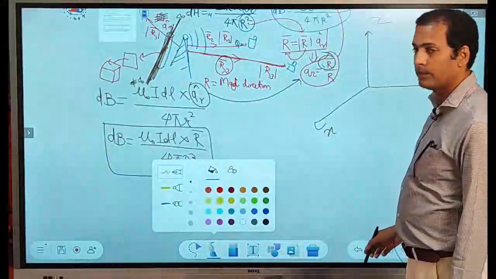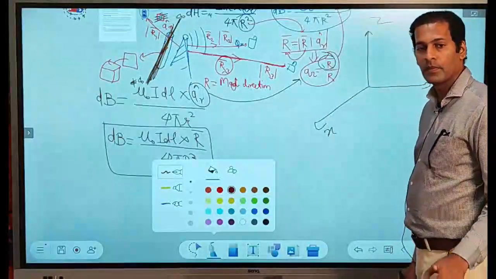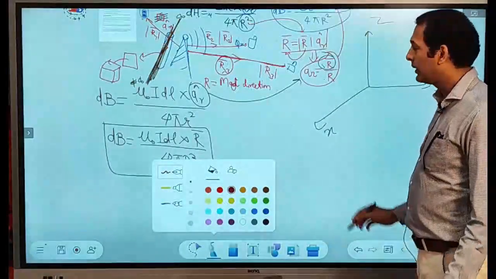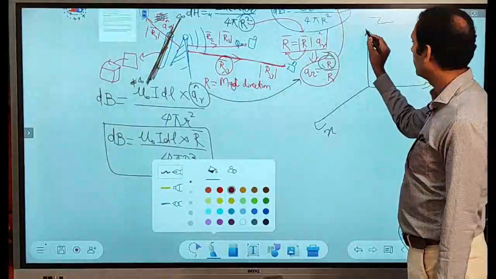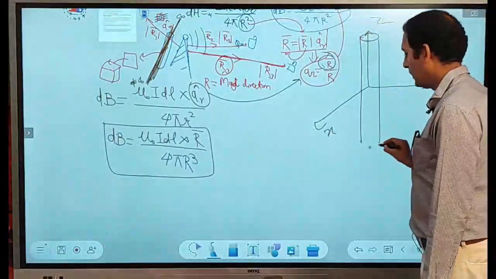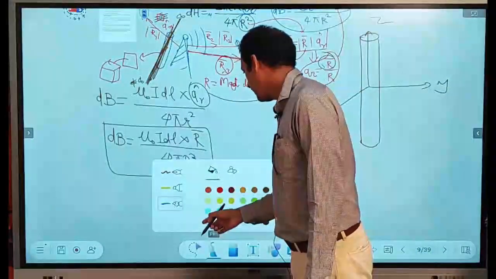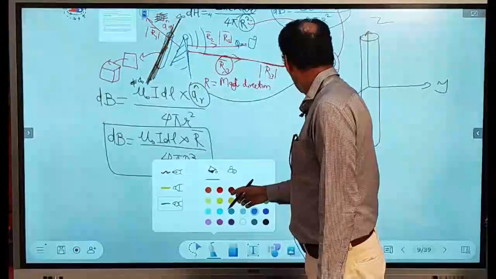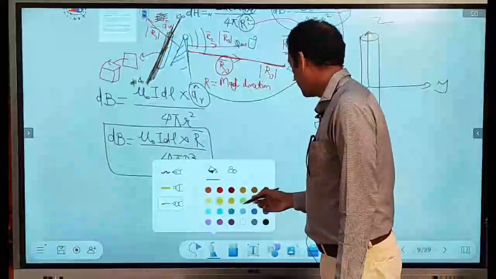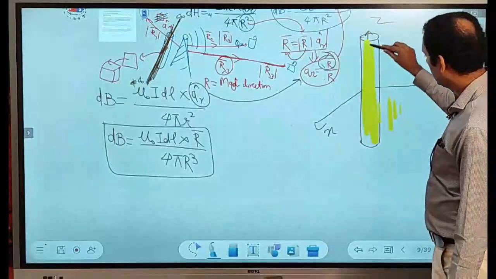Now in place of the antenna, I have to place one conductor of infinite length. Say I will put it on the Z axis. I will put one conductor, fine. So say this is the conductor.